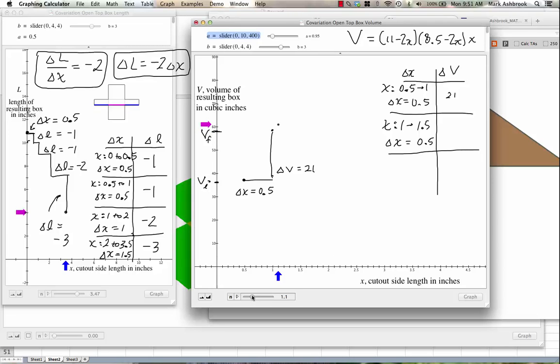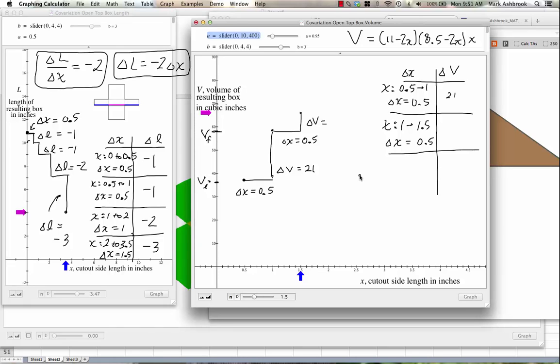I'm going to go from 1 to 1.5. There's my delta x of 0.5. Here's delta V. 21 again, right? Sure doesn't look like it.